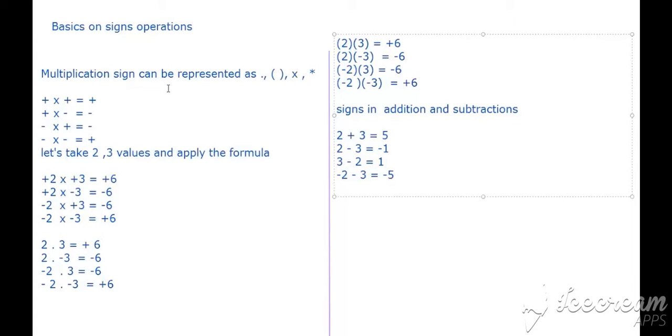Multiplication. Multiplication sign can be represented in different ways. Sometimes we use the cross or into symbol for multiplication, sometimes the bracket, sometimes the dot. The star mark we use in calculators, mobile phones, and computers to do multiplications.